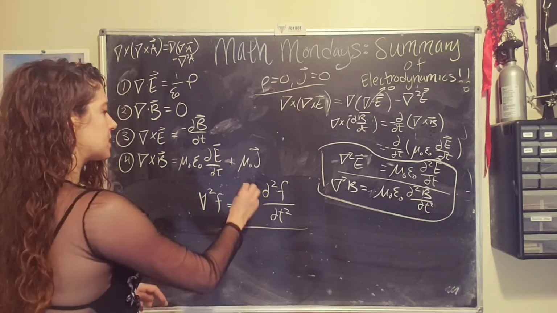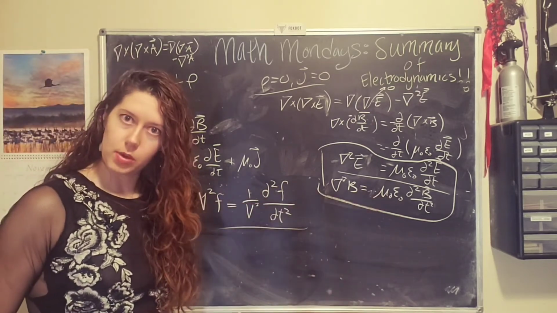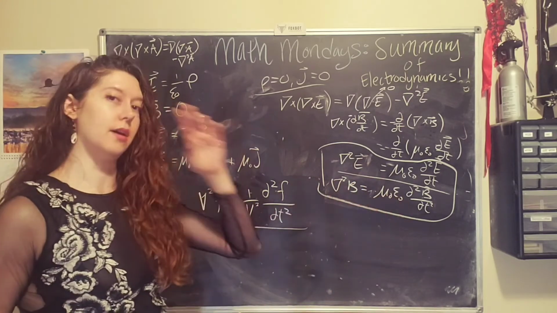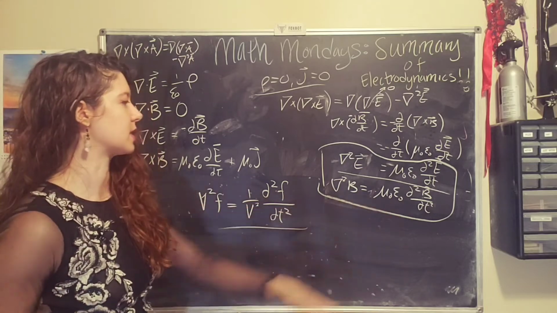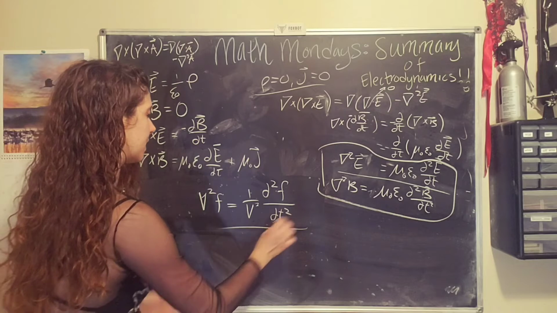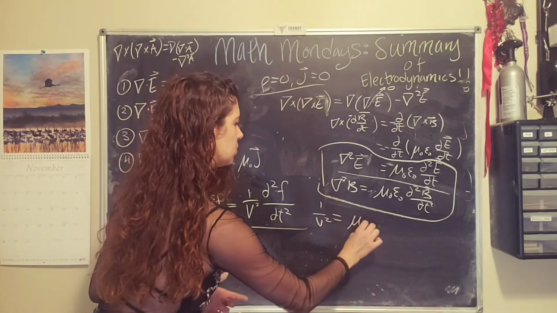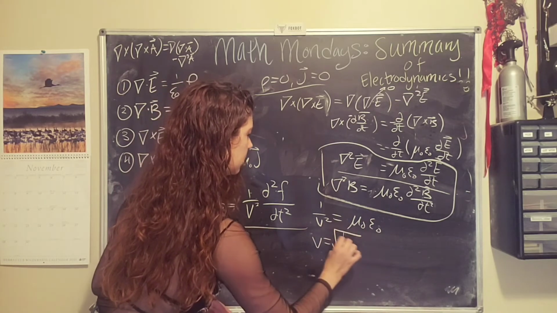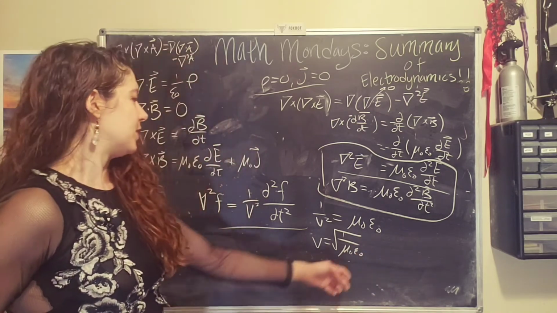Okay, getting ahead of myself here. We will notice this term, 1 over v squared. Those are both constants in this case. And so we can solve for the velocity of this wave by setting 1 over v squared equal to mu naught epsilon naught. We solve for v, and we get the square root of 1 over mu naught epsilon naught. These are constants.